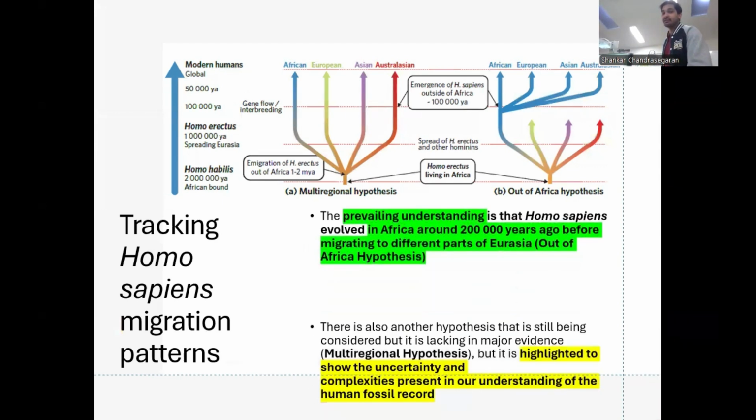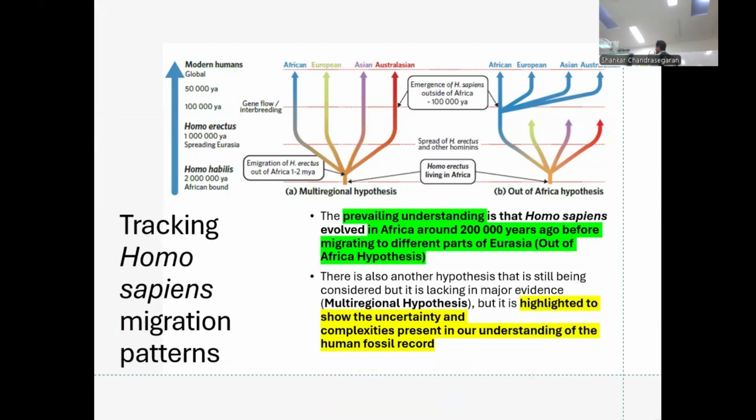Remember that we talked about in our previous lesson, there is uncertainty present within our findings of fossils and also evidence. So sometimes we also have to consider other possibilities, and we have to think about what evidence is present before we can have a final theory that we are supporting, right?